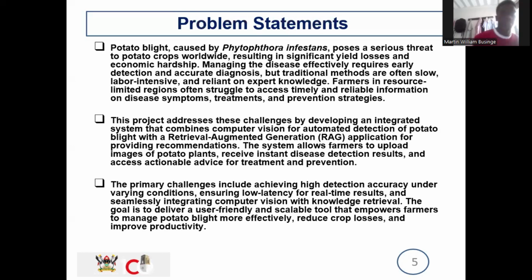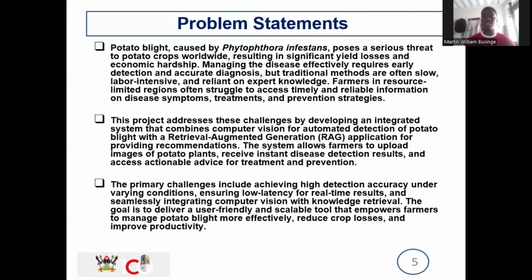So let's look at our problem statement. Potato blight is caused by Phytophthora infestans and poses a serious threat to potato crops worldwide. It results in significant yield losses and economic hardships, and of course, it also risks the food security situation.